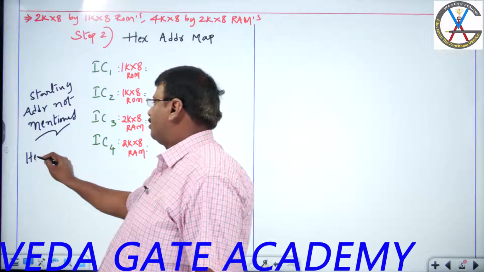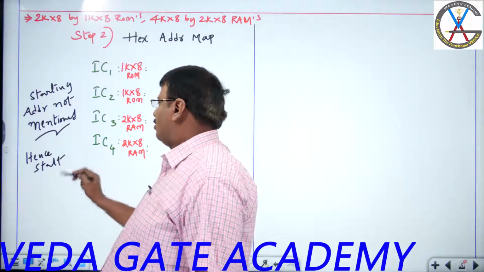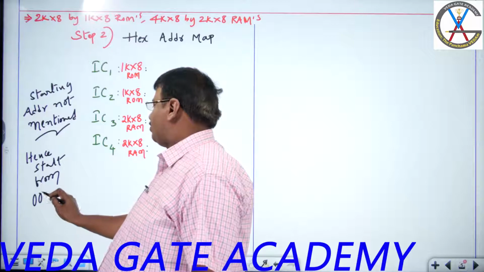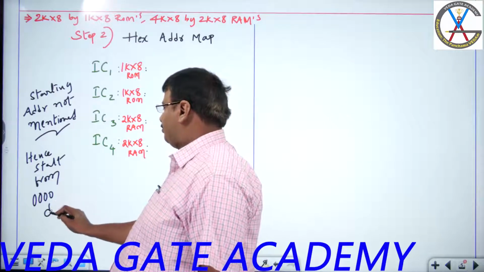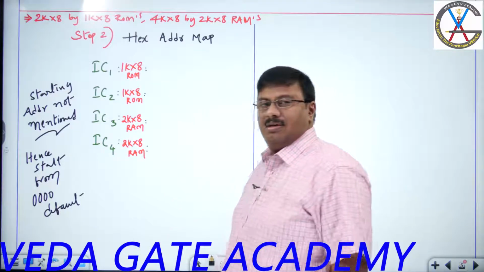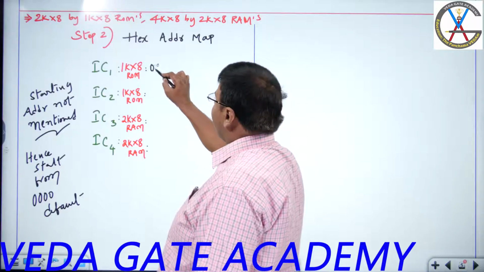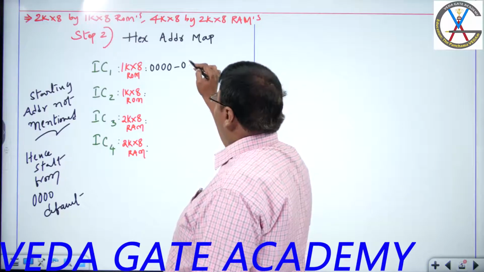Hence, start from 0000. Default. Default starting address is that only, right? Yes, please. 0000 from there 1K. So 03FF.